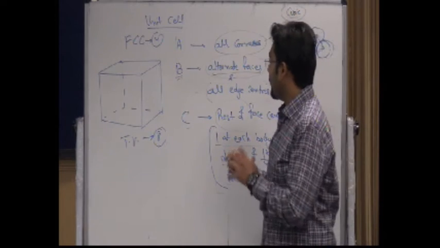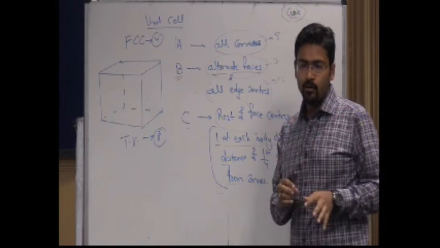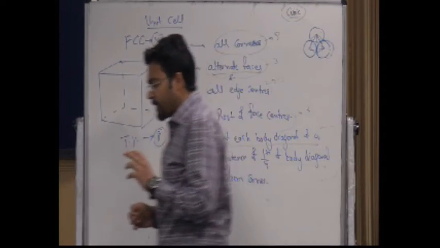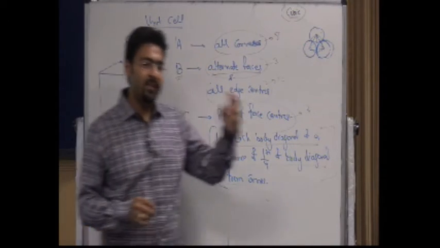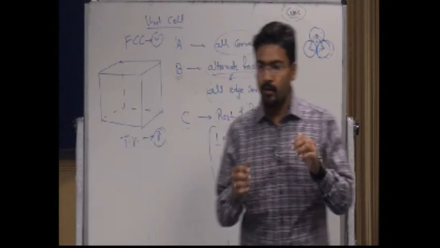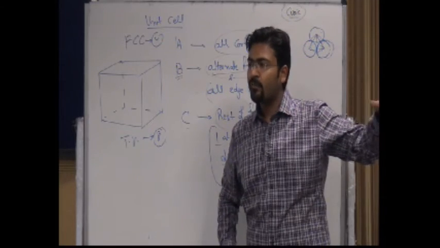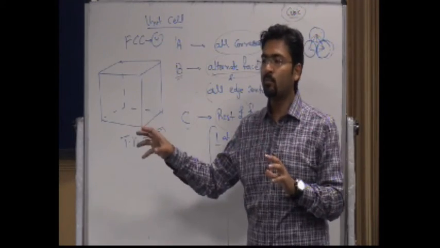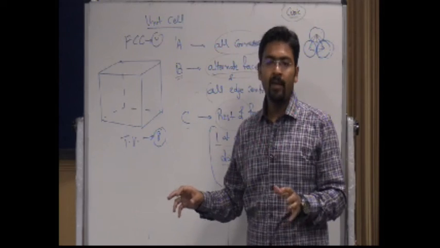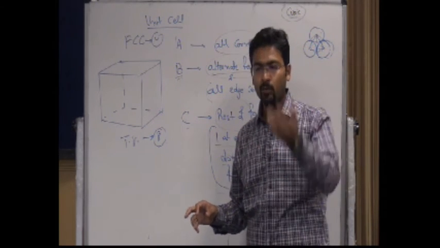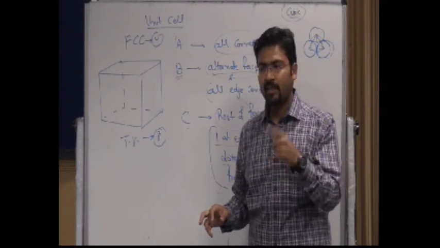So now, in a face-centered cubic lattice, if I just consider these face-centered atoms, I hope you would know that the face-center atom of each face touches the face-center atoms of adjacent faces. It does not touch the face center of the opposite face, but it touches the face-center atoms of the adjacent faces.